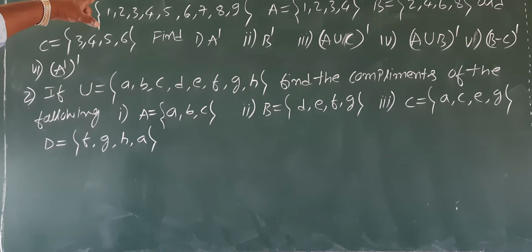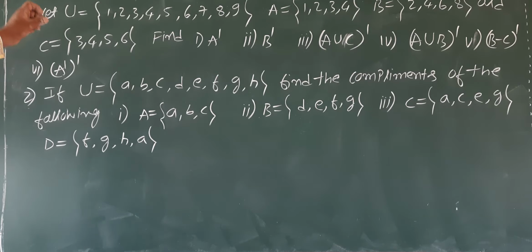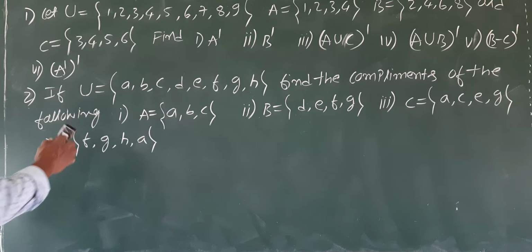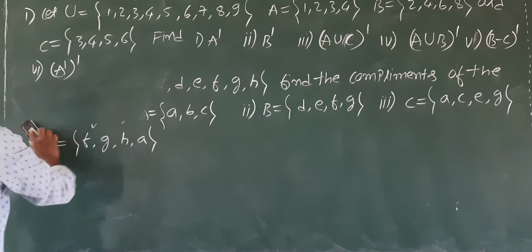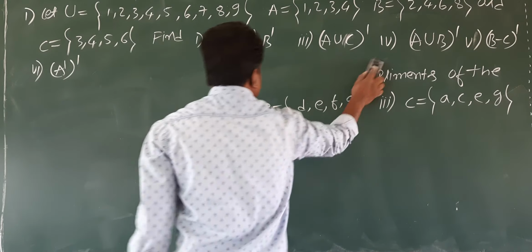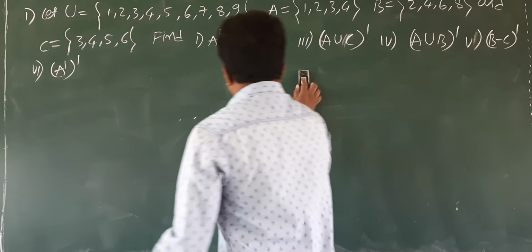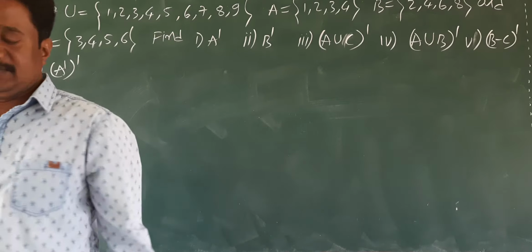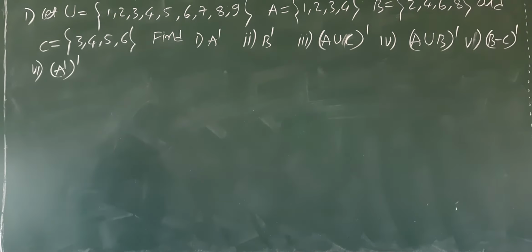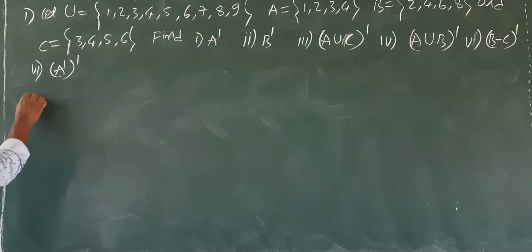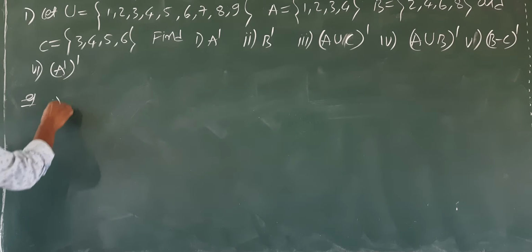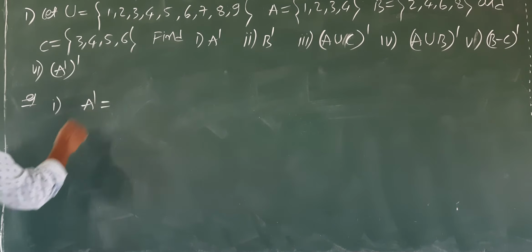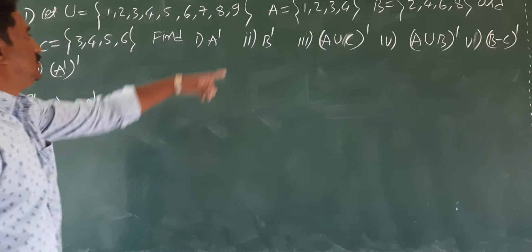Now I go for explaining that first one. First one, second one, both are easy only. Explain this: A dash solution. A dash is everything except these elements.